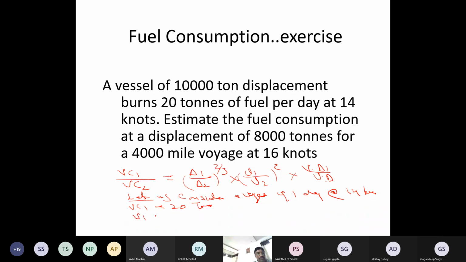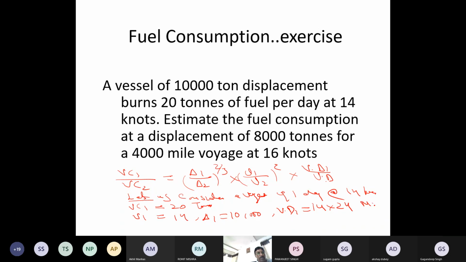What will be the speed? 14 knots. What will be the displacement? Delta 1, 10,000 tons. What will be the voyage distance? Voyage distance 1 will be 14 into 24. Correct? In one day at 14 knots it will go only this many nautical miles.